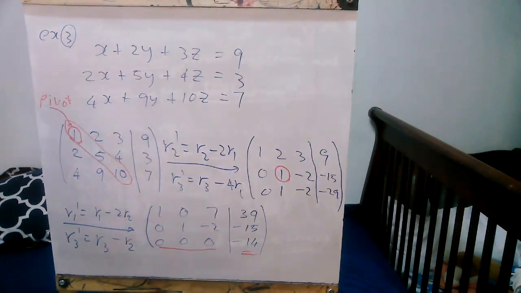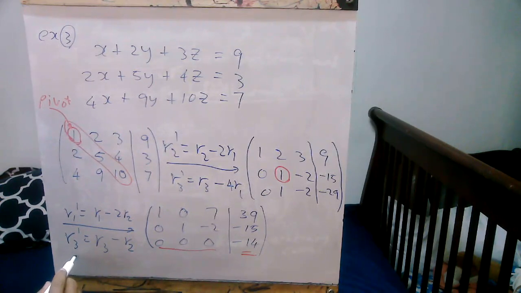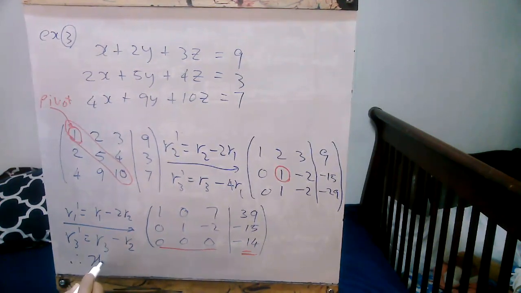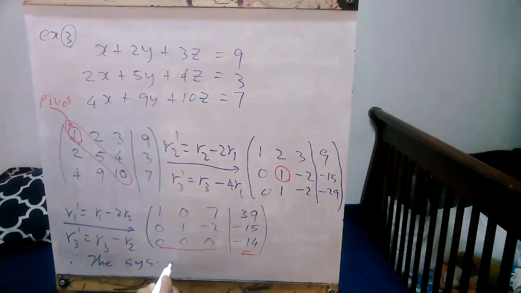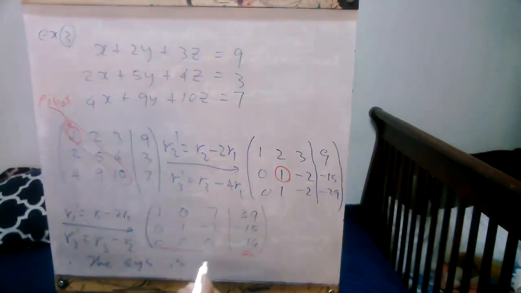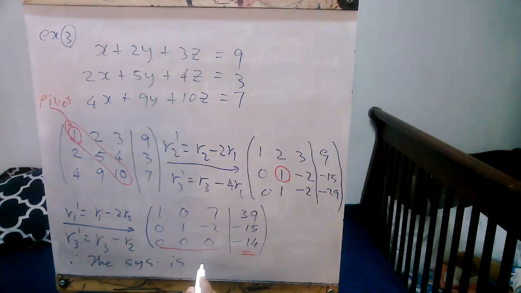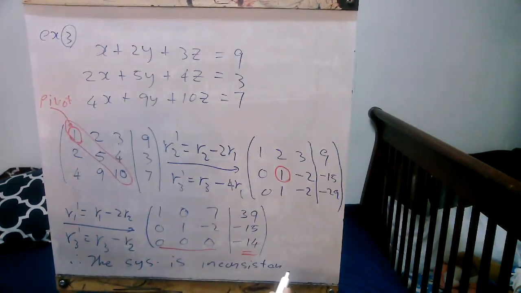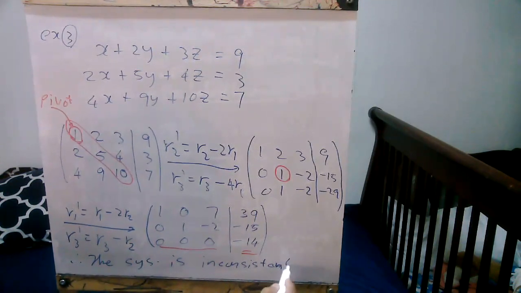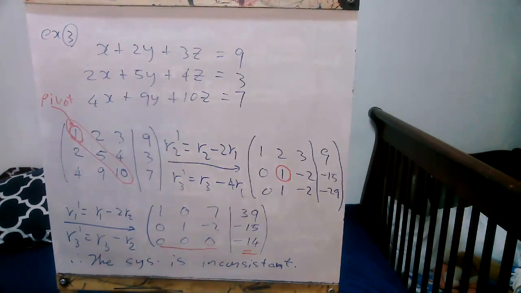Therefore we can say the system is not consistent, or inconsistent. Right? The system is inconsistent. That's our final answer.